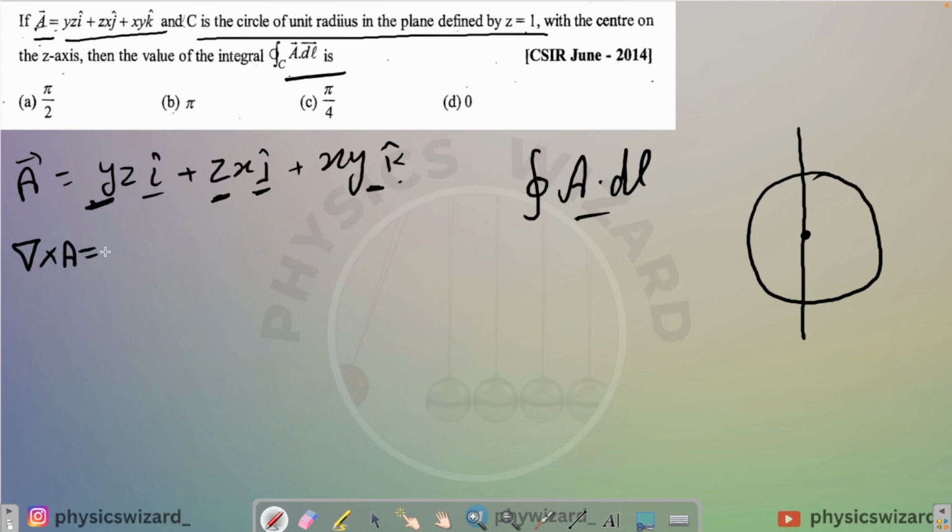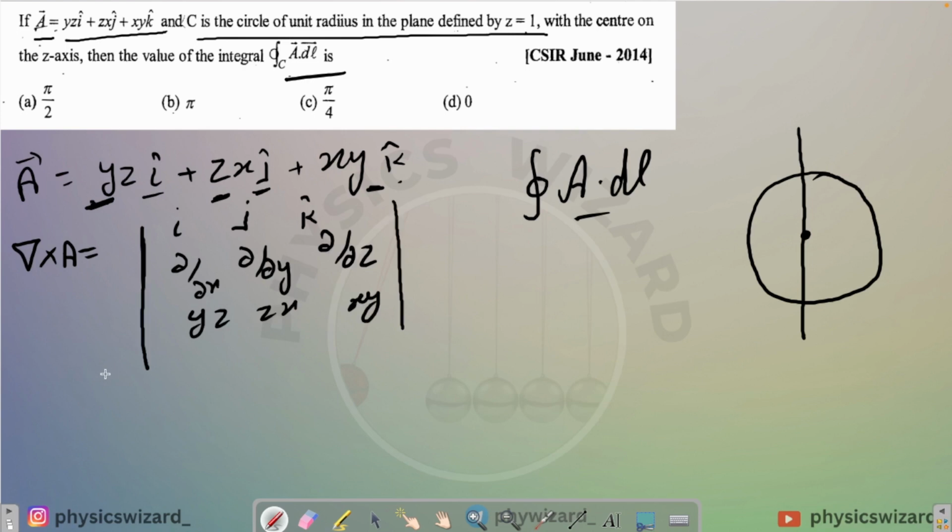Curl is always 0. Curl, all of you know, is the determinant of i cap, j cap, k cap, del upon del x, del upon del y, del upon del z, and yz, zx, xy. In this arrangement where the curl is 0, let's solve it for i only.